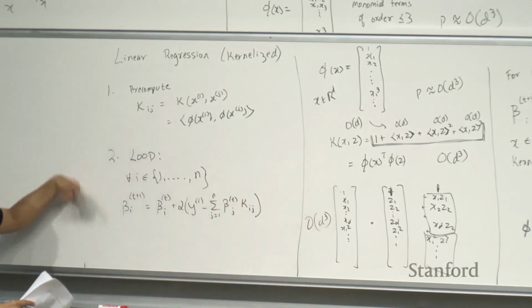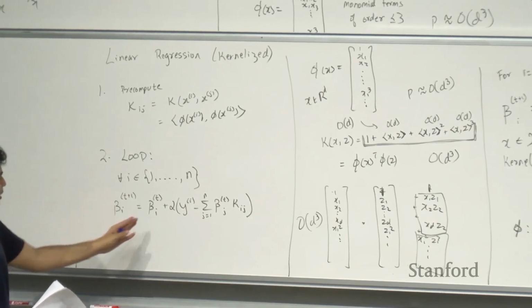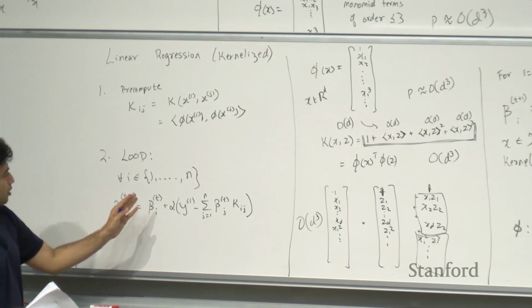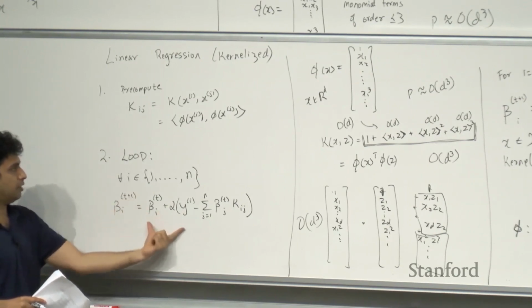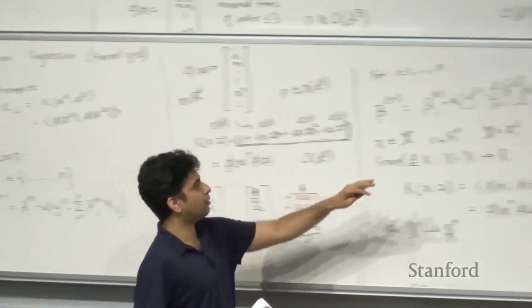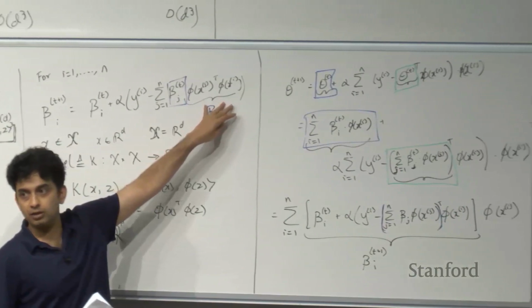Then we iterate over this step where we are updating the coefficients, where betas are called coefficients, from step to step in the following way. This is taken directly from here, where we replace this inner product with K_ij of the kernel matrix.